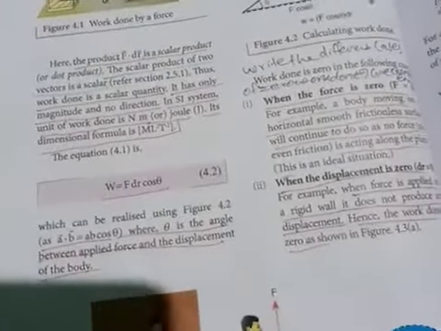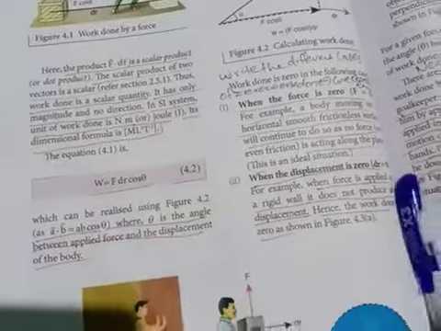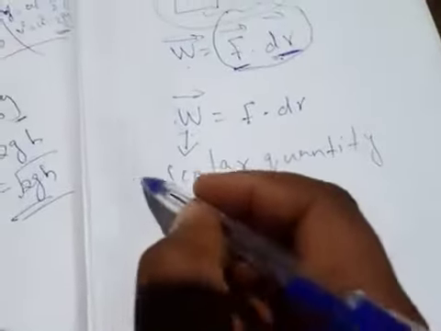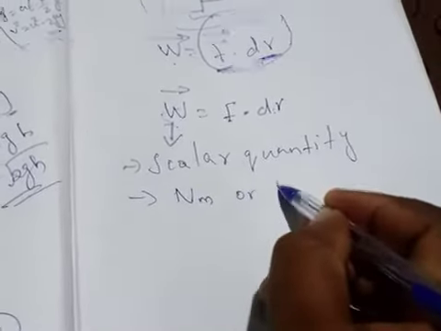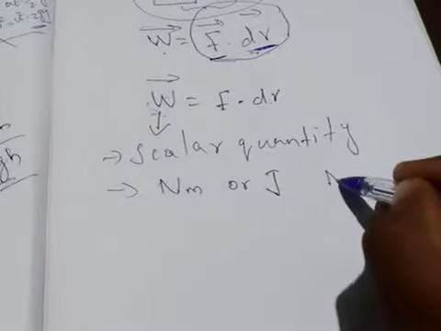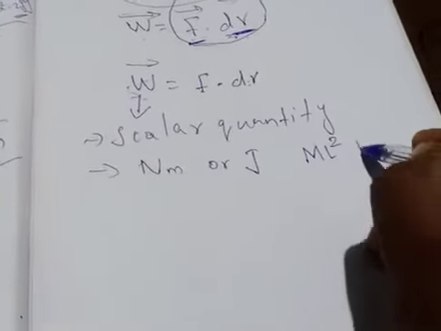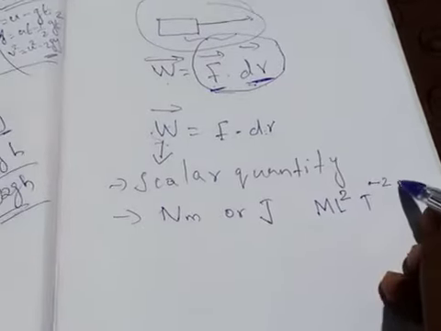We can use the work done unit as joule or Newton meter, and work done is a scalar quantity. The unit we are using is Newton meter, or you can use joule because it is the same as energy transformed. And the dimensional formula for this is ML square T power minus 2.